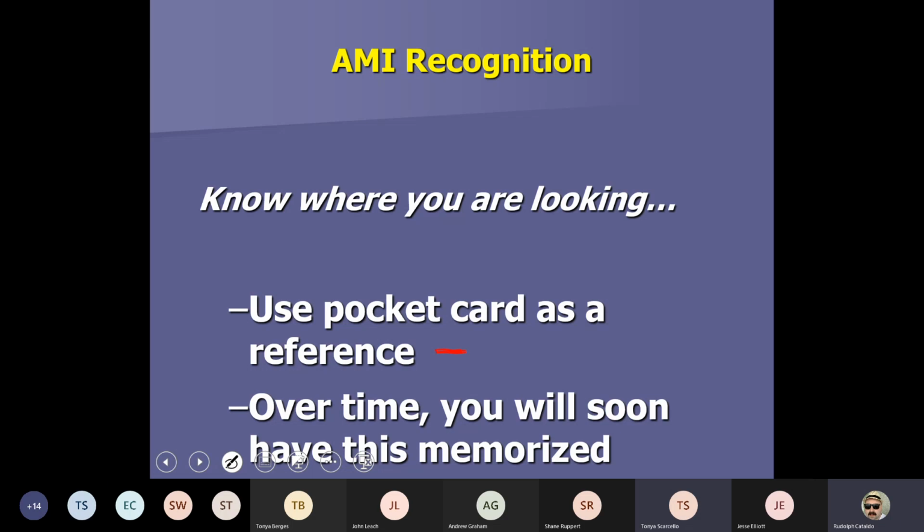You can flip to that card really quickly and be like, oh yeah, this is the part of the heart it's looking at. And it will help you over time in paramedic school as well. It does take time, but through repetition, you will have it memorized. And that comes from constantly looking at 12 leads, constantly reviewing 12 leads.